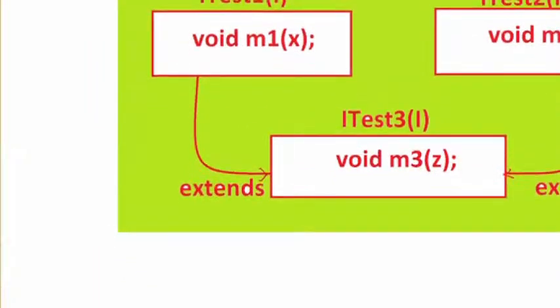So it doesn't have an object, no? So it has to depend upon one class. Always I'll take I class. We are going to link this here.